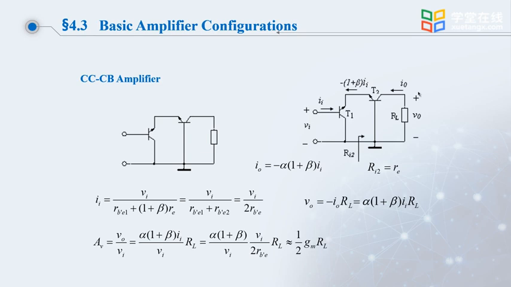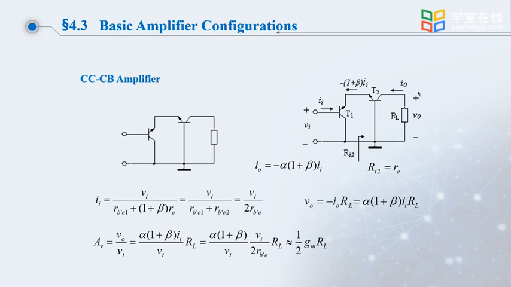The current will equal (1 plus beta) Ii after passing through the T2 tube, whose gain is increased by an alpha. So it can be concluded that the output voltage at this time is equal to Ii times (1 plus beta) and then times alpha. This is the final current multiplied by the load resistance RL.